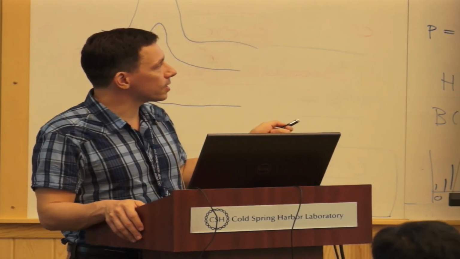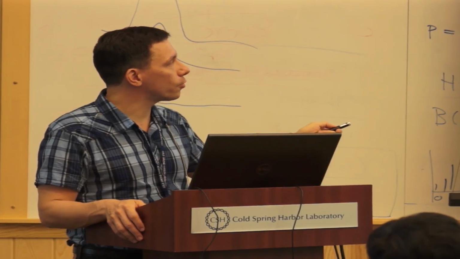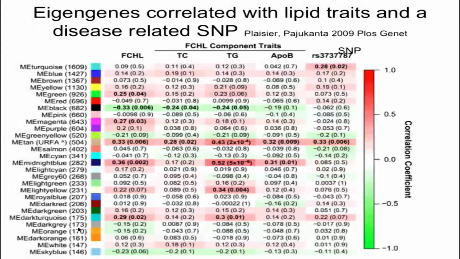But now let's start looking at the correlations. So what do we see? A correlation 0.4, correlation 0.3, correlation 0.3. What do you think? These are high correlations. If you study a complex trait such as hyperlipidemia, that's a high correlation. Now look at the p-values though. They are in principle 10 to the minus 4. Nothing to write home about if you correct for 50,000 comparisons.